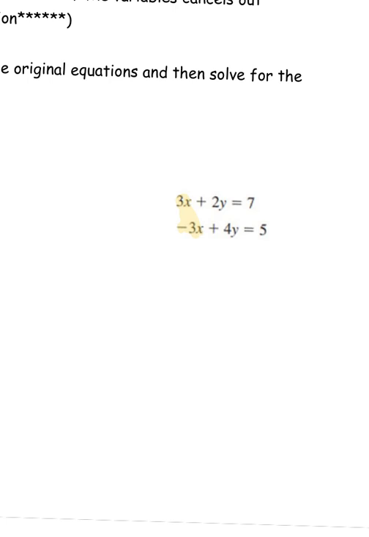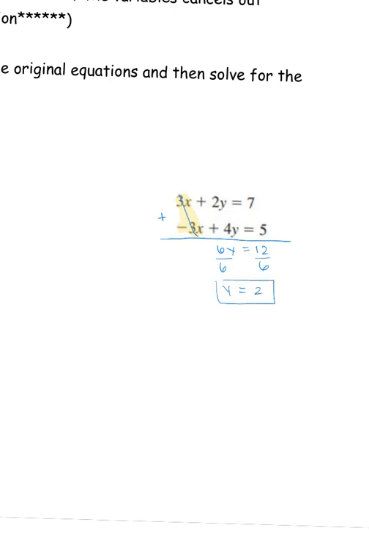All right, so since I have a positive 3 and a negative 3, I'm going to go ahead and add those two together, which they cancel out. So I get 2y plus 4y, which equals 6y. And then we have 7 plus 5, which gives us 12. Divide both sides by 6, and you get y is equal to 2.